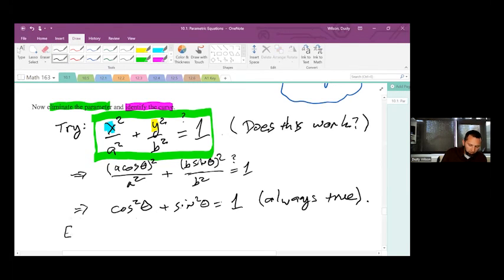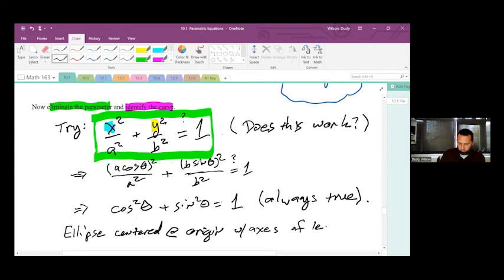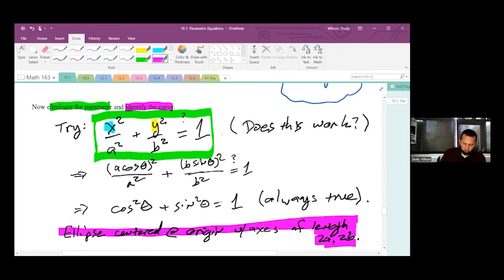It's an ellipse centered at the origin with axes of length 2a and 2b. This is what the curve is that we found.